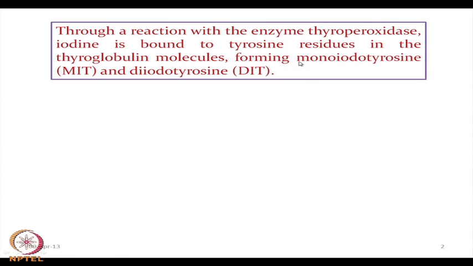The iodination can take place if the phenol ring of the tyrosine amino acid goes for the iodination reaction at one position, we get the monoiodotyrosine molecule.